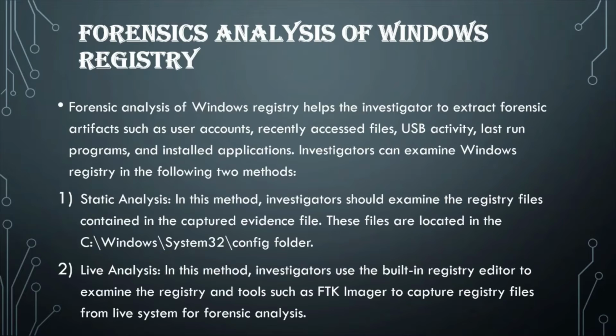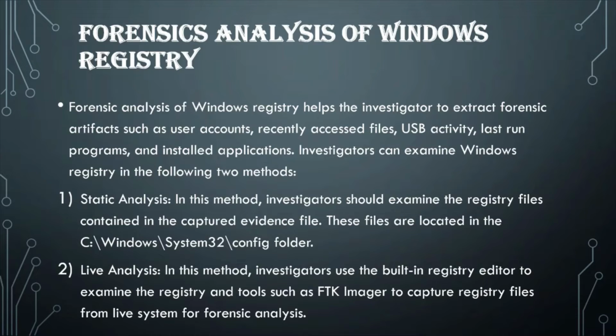So we will go for the next, that is forensic analysis of the Windows registry. Forensic analysis of the Windows registry helps the investigator to extract forensic artifacts such as user accounts, recently accessed files, USB activity, last run programs, and installed applications. Investigators can examine the Windows registry in the following two methods: static and live analysis. First we go for static analysis.